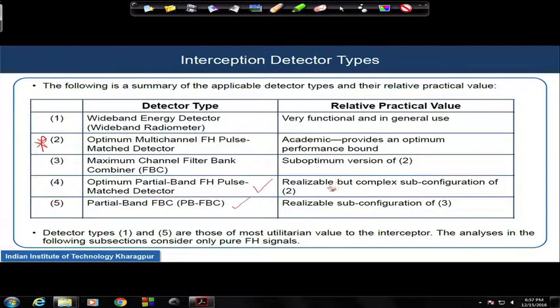Between these two, the other is also in use, but the preferable one is the PBFBC. We will see the different kinds of detector architectures and structures in the very next module, and we will keep on discussing almost all these detector types there.